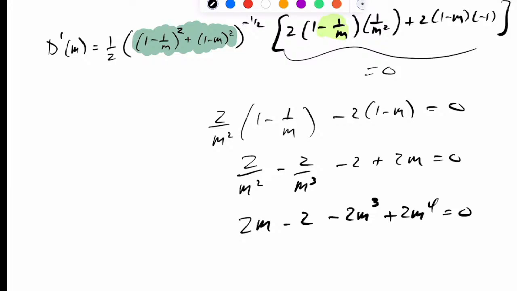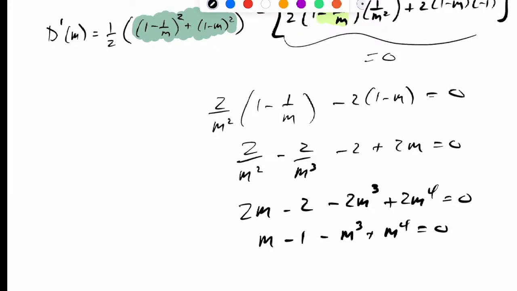I really should divide across by 2, eh? I should have done that earlier. Sloppy. So what do I get here? m minus 1, and then take out plus m cubed. I get m minus 1 equals 0.